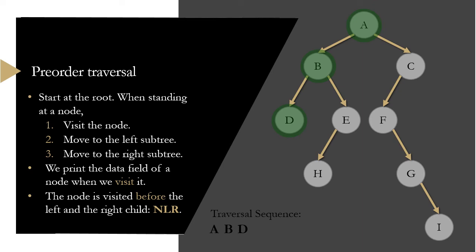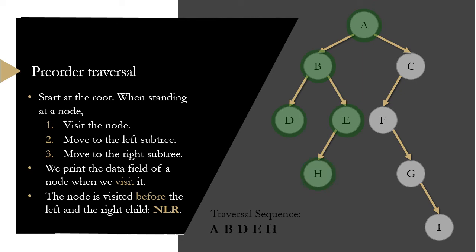We have completed 2 steps for B. Now we move to the right subtree of B, which is E. And then we visit the node E, so we print it. Then we move to its left subtree, which is H, and we visit the node H or print it.